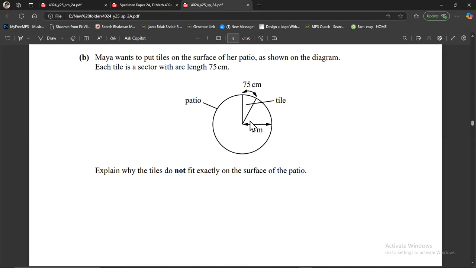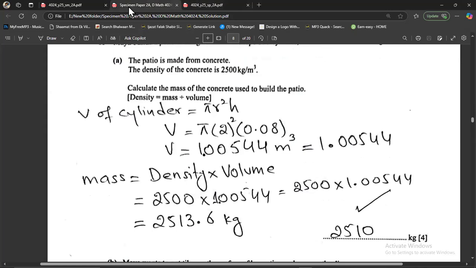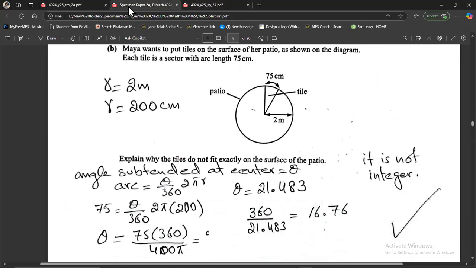If the answer is not an integer, then this means not the whole tile will fit. You have to break some tile. Another method is find the circumference of this circle and divide it by the arc. And if the answer is not an integer number, then it means you have to break the tile.